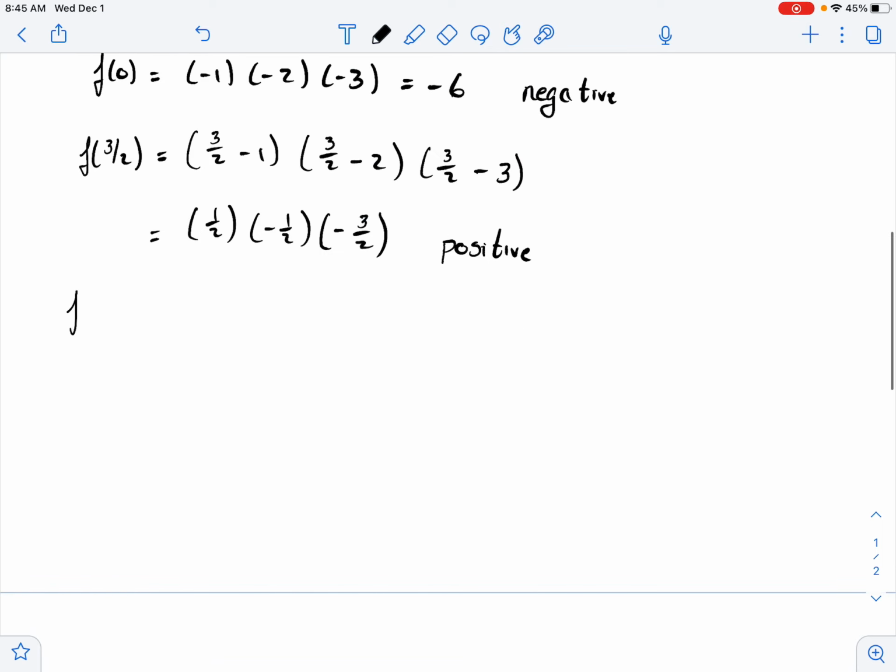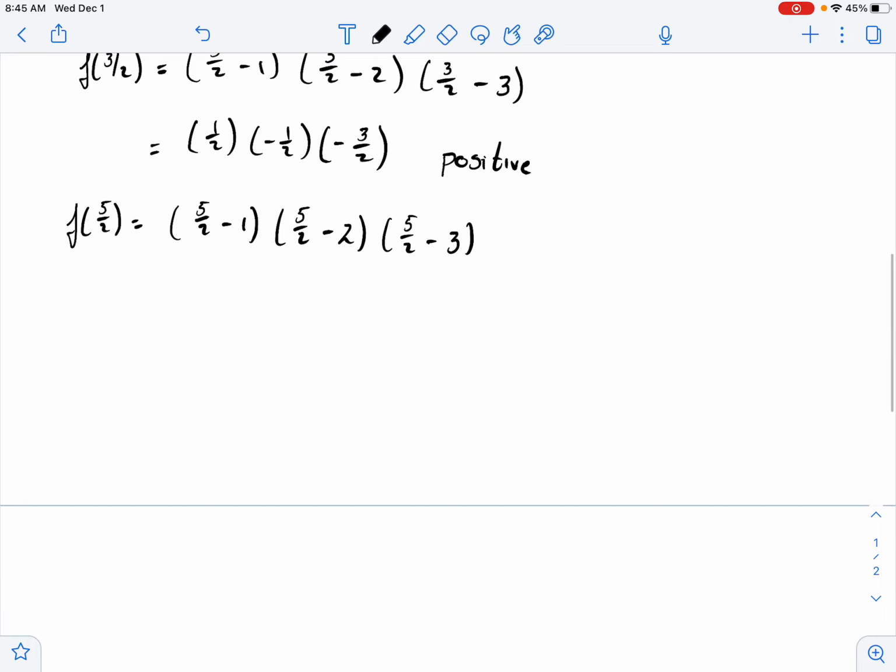All right, let me try 5 over 2. So f of 5 over 2 will be 5 over 2 minus 1 times 5 over 2 minus 2 times 5 over 2 minus 3. That is 2.5 minus 1, so 3 over 2. I have 2.5 minus 2, so a half.